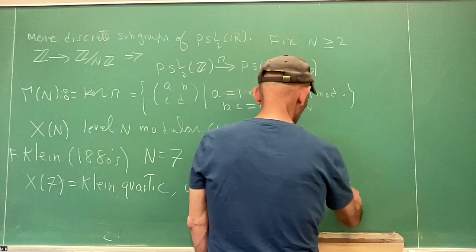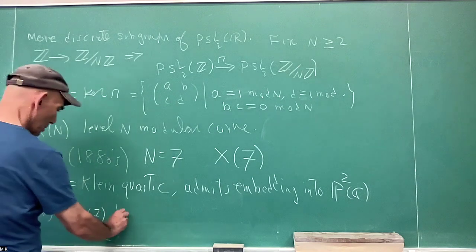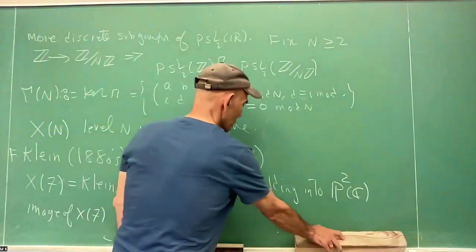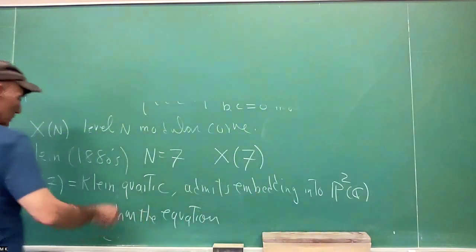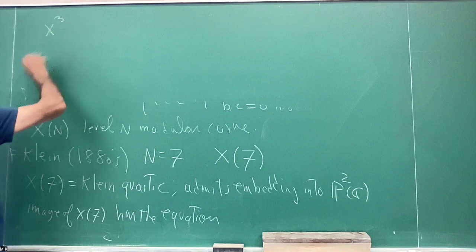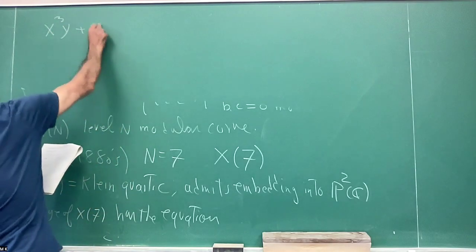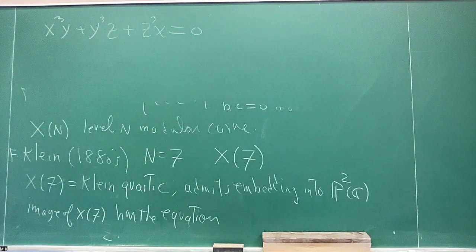And he showed that the image has the equation x^3 y plus y^3 z plus z^3 x equal to 0, a cyclic expression. So that's the projective equation for this.